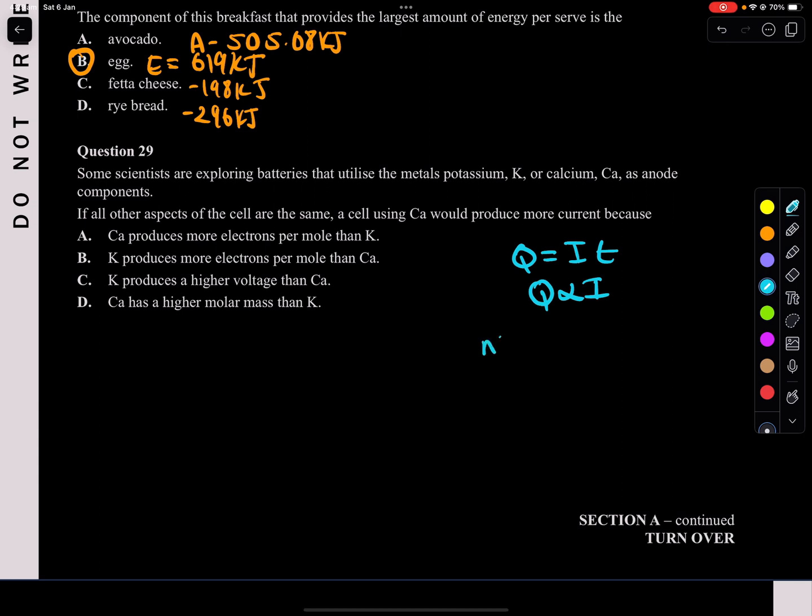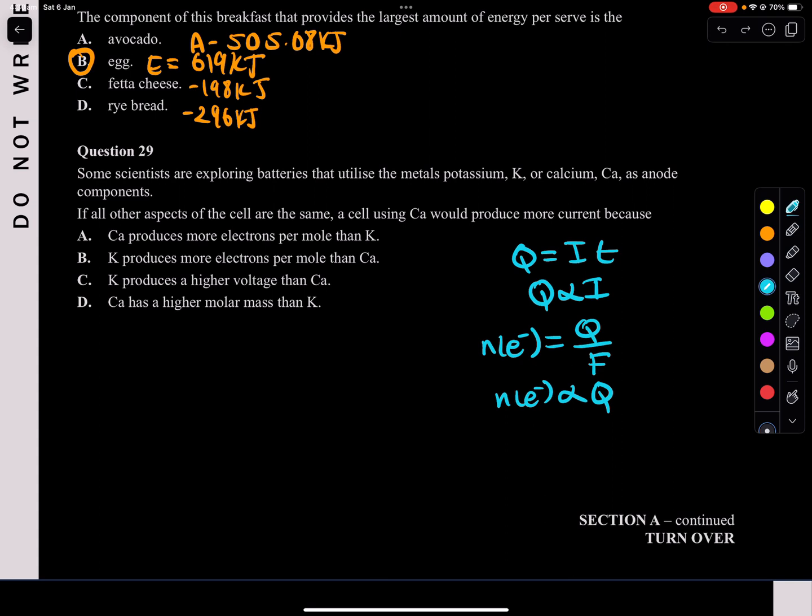And we know that the number of electrons is equal to charge over F. And so what does that mean? The number of electrons is proportional to the charge. So the higher the number of electrons, the higher the charge, which means the current is higher.